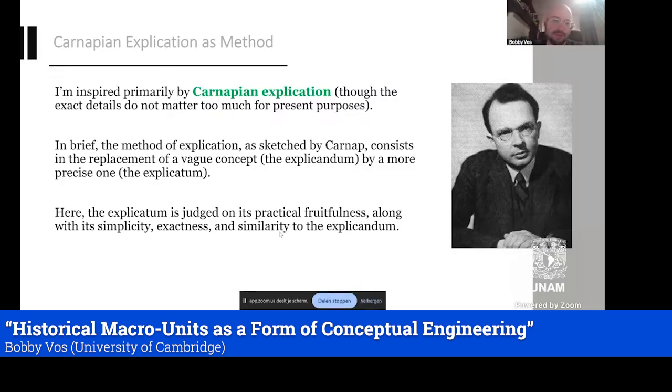Namely, we evaluate the explicatum in terms of its practical fruitfulness relative to some predefined goals. And we judge this along with the simplicity of the explicatum, so you don't want your new concept to be vastly more complex. Or rather, all things being equal, we want to go with the simplest explicatum as opposed to a more complicated one. We can judge exactness and also similarity to the original concept that we were analyzing, so similarity to the explicandum.